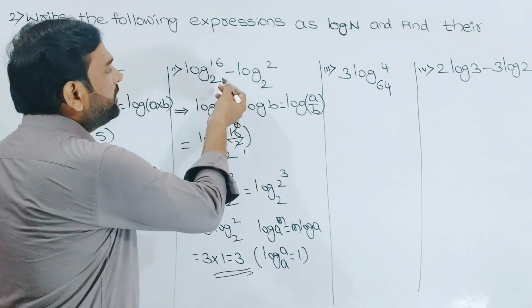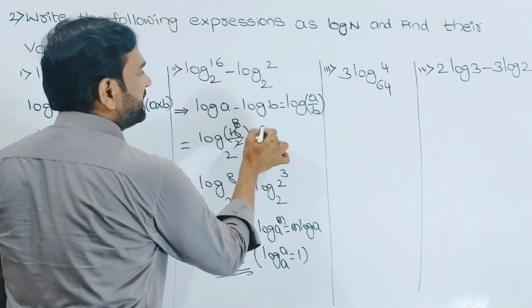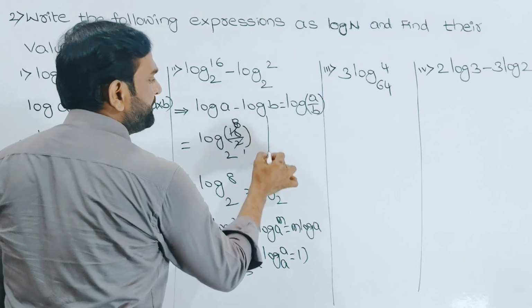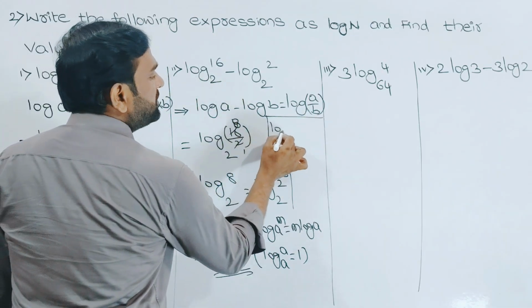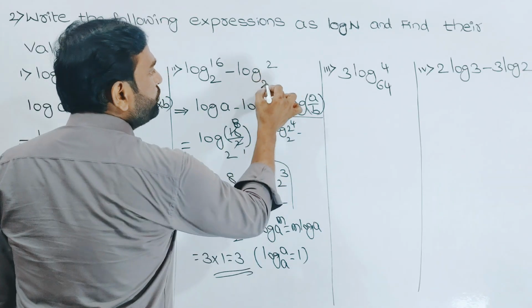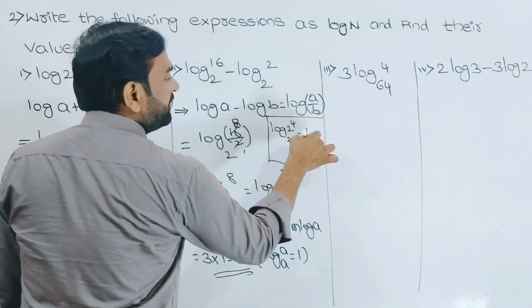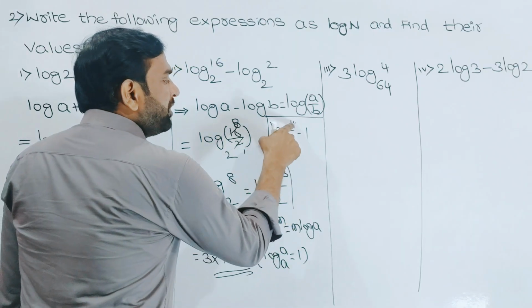If not, we can do it like this also. Listen, 16 can be written as log 2 power 4 base 2 minus log 2 base 2. If these two are the same, then the value is 1. Another one: log a to the power of m is m log a.